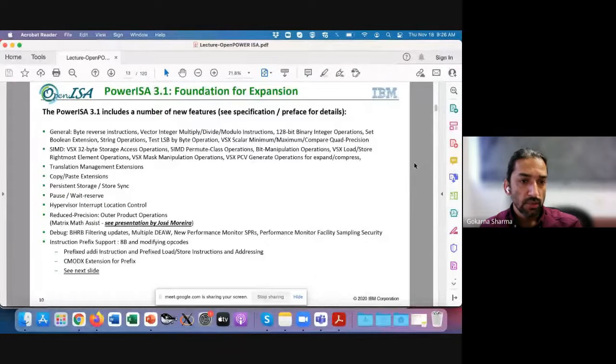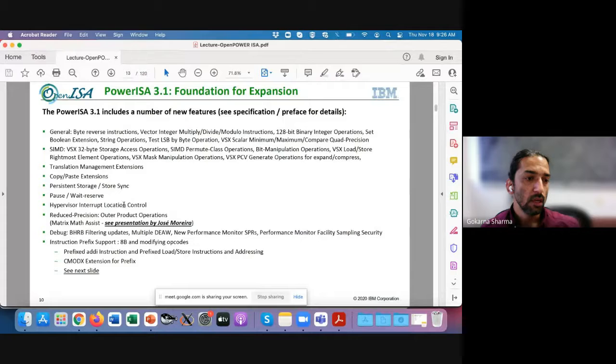So, foundation for expansion, because 3.1 includes a number of new features. You have to go to the document to see the depth of these new features, but there are so many.